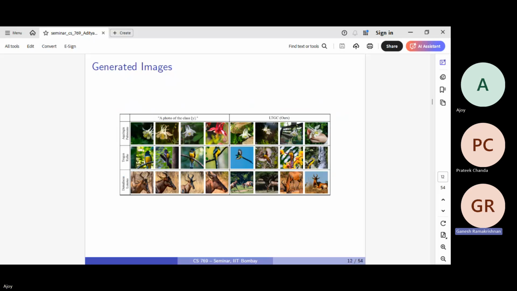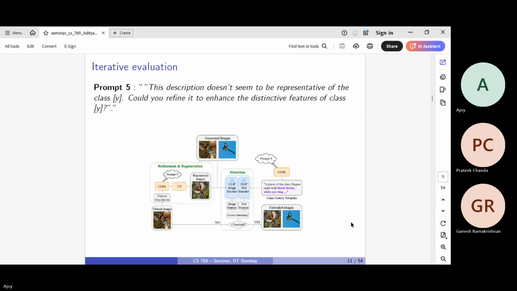When is prompt 5 used? If the similarity is below a particular threshold, they use prompt 5 in the last part before the regeneration part.